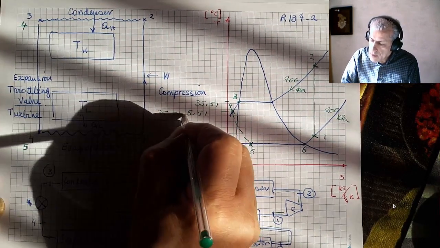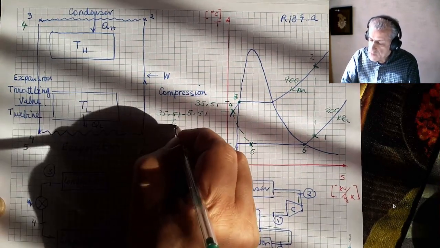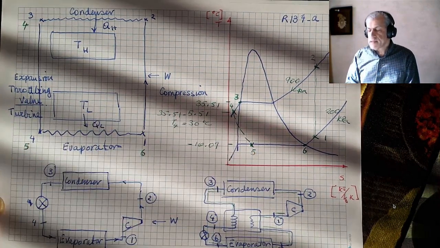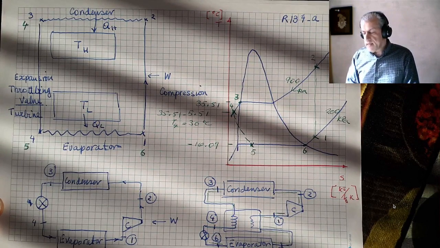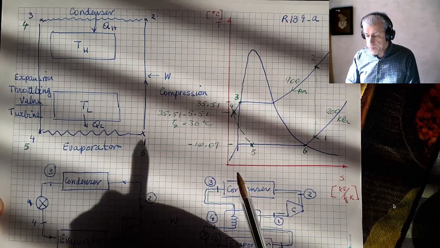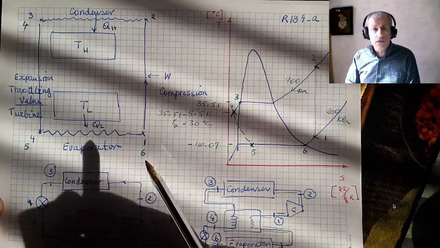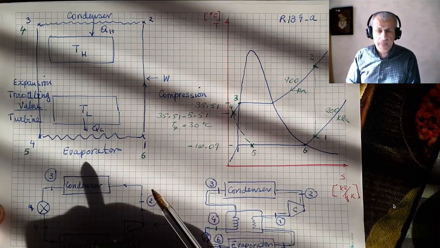So, in fact, the temperature at point 4, T4, is 30 degrees C. It is selected such that the temperature would be easily readable from the table.